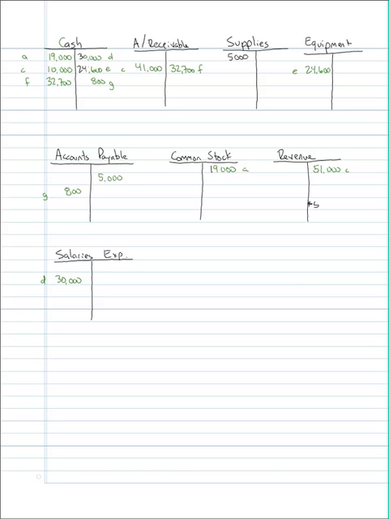Our debit balances and credit balances of cash give us a net $6,300 debit balance. Our debit and our credit to accounts receivable give us a net $8,300 debit balance.